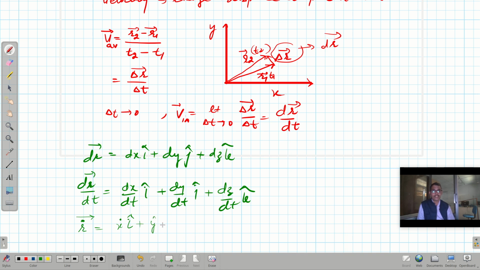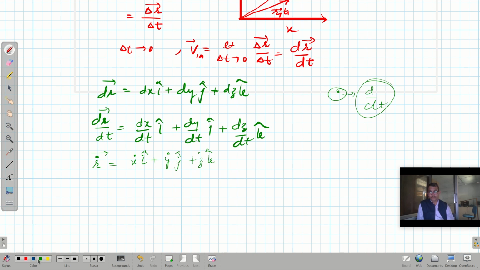So this dot is a short notation to represent the time derivative, and we have to keep this in mind. Now this velocity is the v vector, and the magnitude of the v vector can be written as the square root of x dot square plus y dot square plus z dot square.